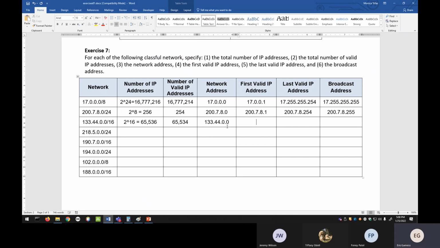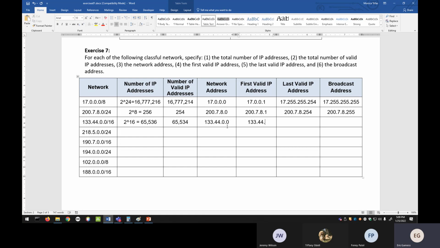Now, the first valid IP address will start like that. Here we have 16 bits for the host part. If we want the first valid IP address of these 16 bits, what should I do? 15 at 0 and the very last one at 1.